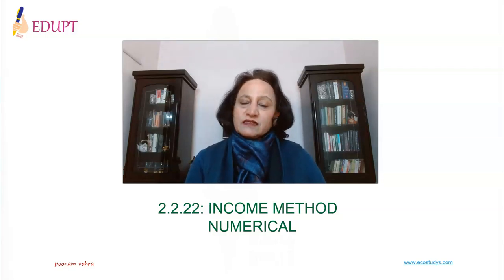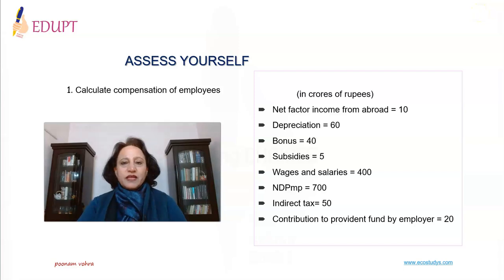So let us begin with the first numerical. The question is to find out compensation of employees from the information as given. All these items are in crores of rupees. These items include net factor income earned from abroad, that is 10.